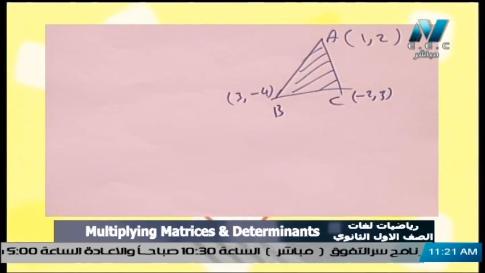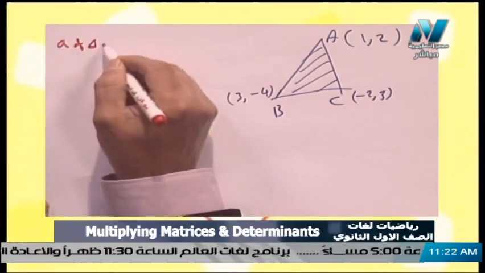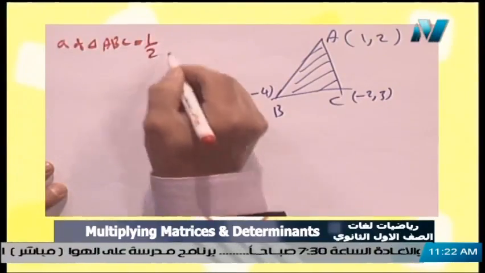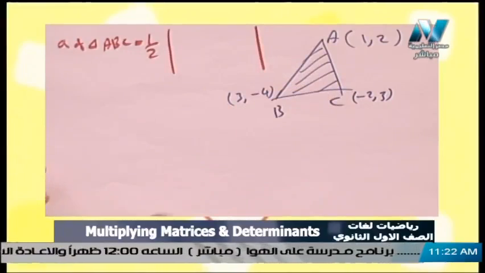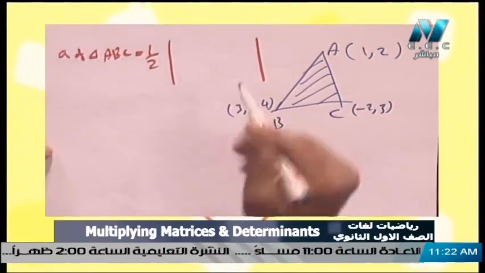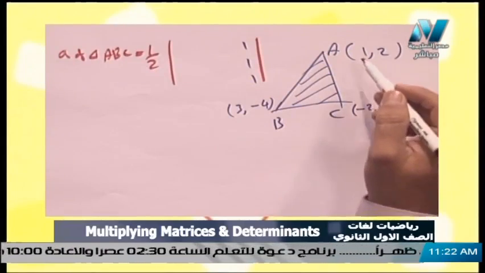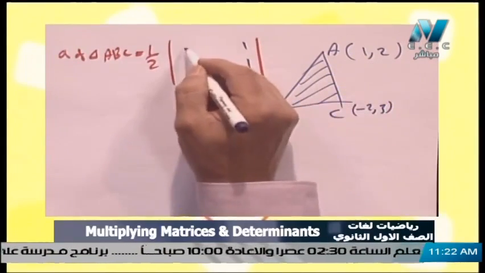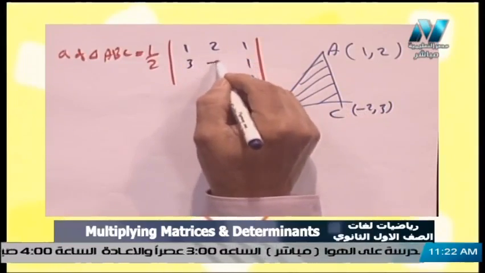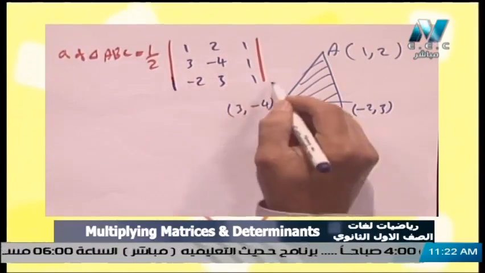and we want to find its area by using determinants. The rule is that the area of triangle ABC equals what? Equals half the determinant. Try to write 1, 1, 1, and write the point A itself, 1 and 2 here, and B 3 and negative 4 here, and C negative 2 and 3 here.